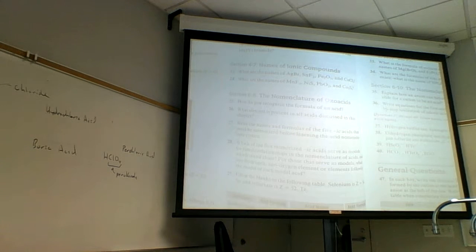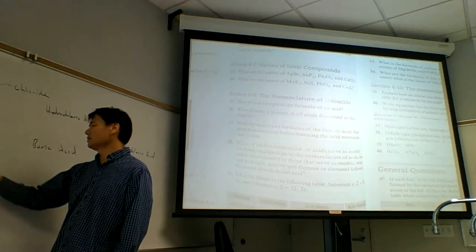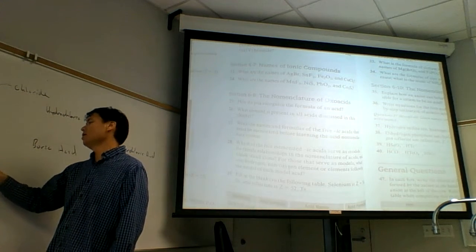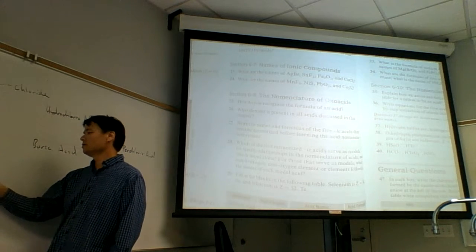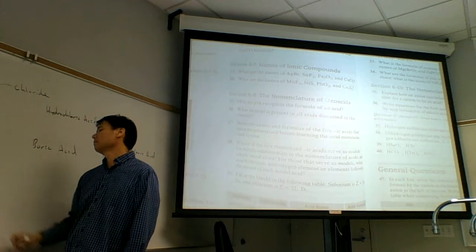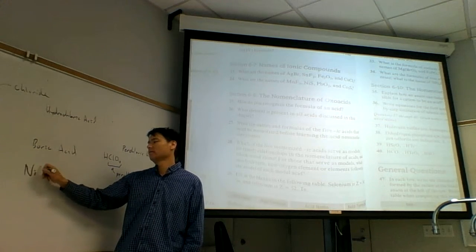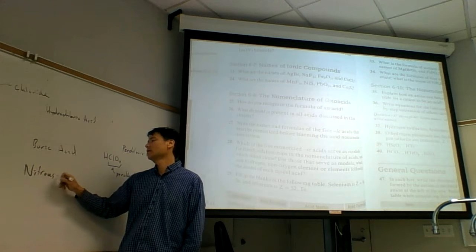If the anion ends in -ite, we call it -ous acid. Sorry. And so let's do something like this. Let's look at HNO2. NO2 is nitrite. If NO2 is nitrite, then we call the acid nitrous acid.